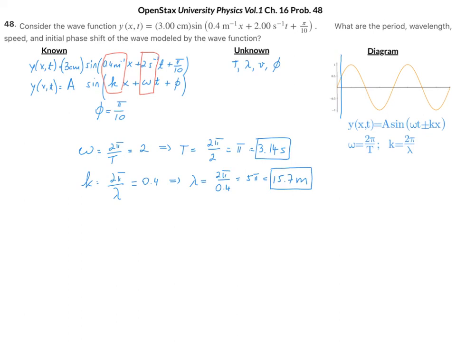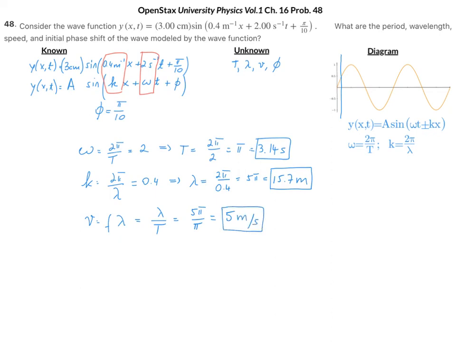And the speed of the wave is lambda times frequency, or lambda divided by period. So that is 5 pi divided by pi, and that is just 5 meters per second.